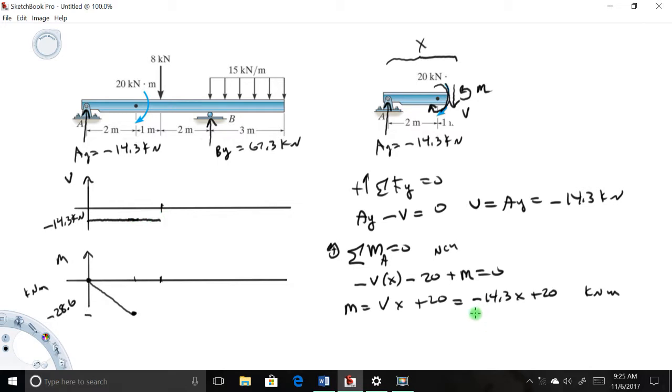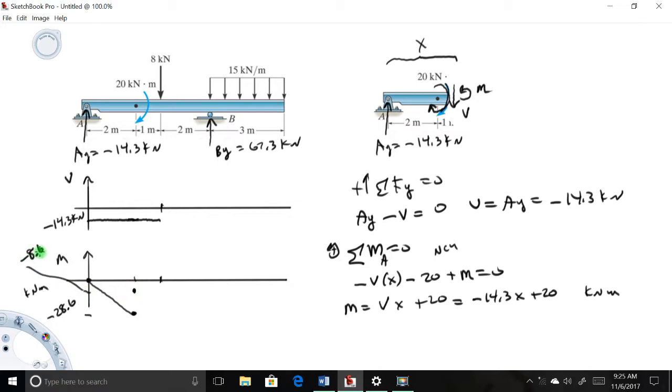Our bending moment is now defined by this linear function. So the first thing we're going to do is put in x equals 2 into this. That's going to give us minus 28.6 plus 20, so it looks like that's going to be minus 8.6. So that's now here.